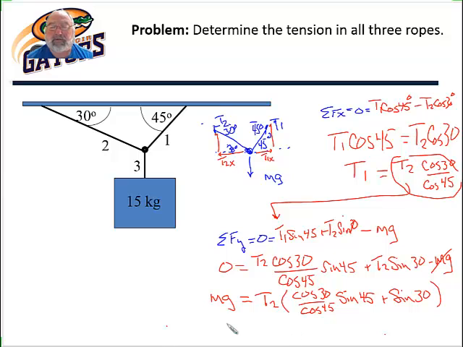Okay, so what I'm going to do is divide mg by the cosine sine terms, and that will leave us with a value for T2.